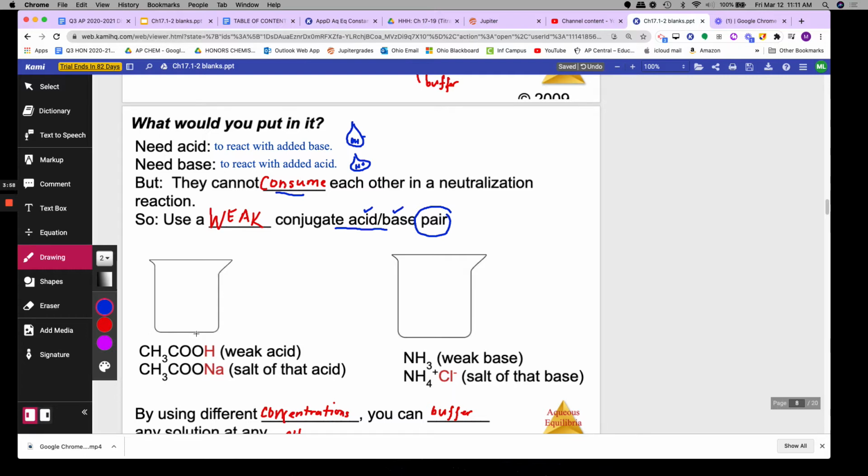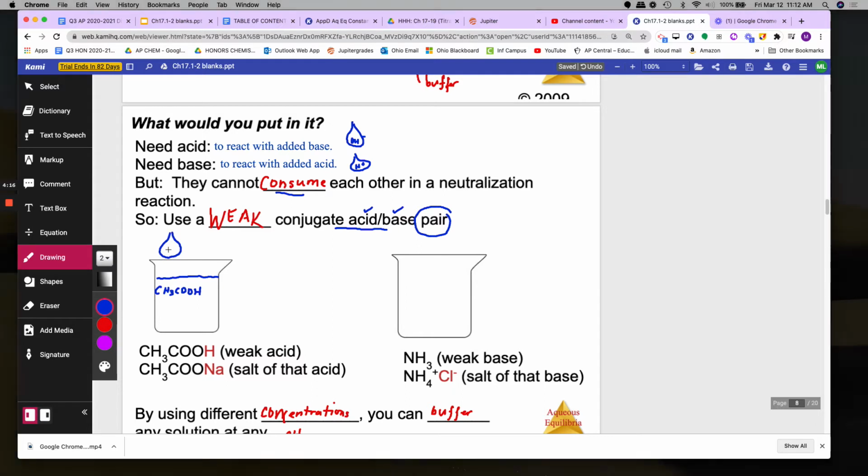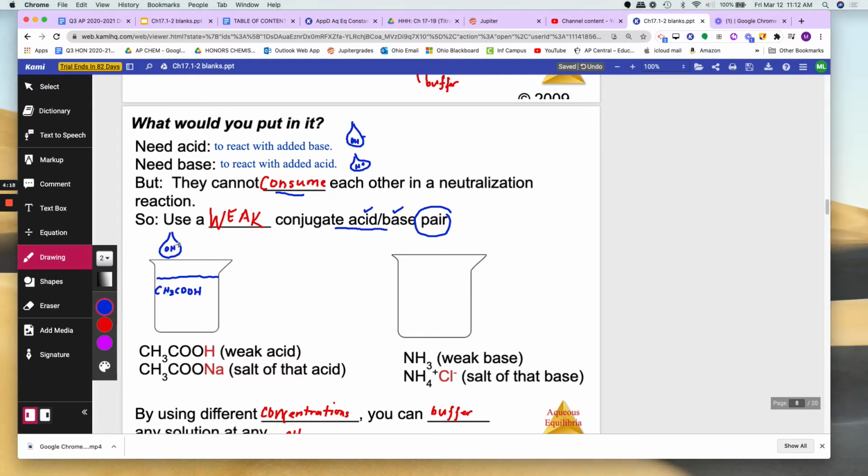Here we're going to put in an acid, CH3COOH. This is acetic acid. That will work because even though it's a weak acid, if you add OH- to your buffer, this OH- will steal the H anyway. So adding that will work.